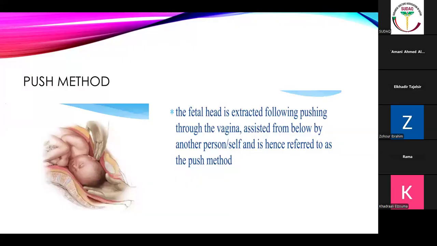So they need to know that they need to flex the head and to push up while you are pulling from above. And the best thing is to use your non-dominant hand. Why is it helpful to use the non-dominant hand? Why is it advised? To prevent the extension. How does it prevent extension?